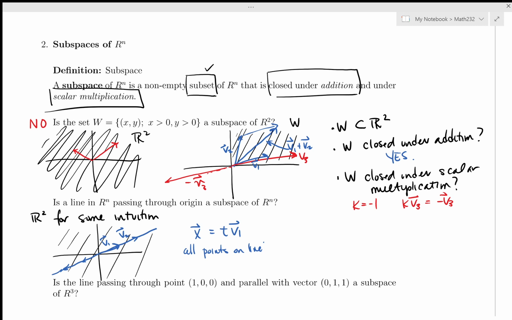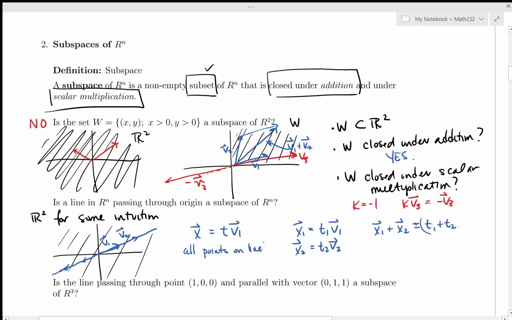So for example, if I take x1 equal to t1 v1, and I take x2 equal to t2 v2, and I add those two together, I get x1 plus x2, that's going to be t1 plus t2 times v1. Okay, it's still on the same line.